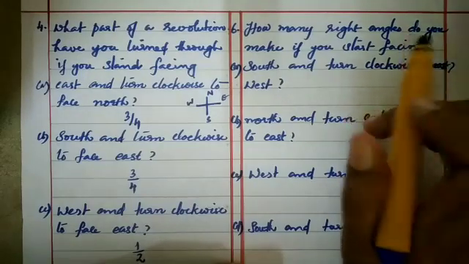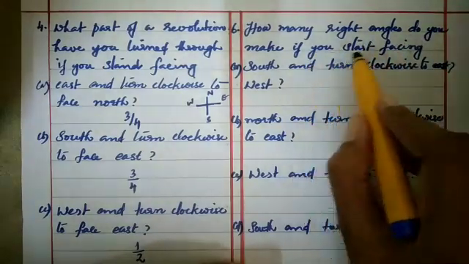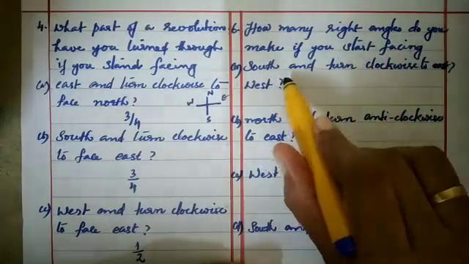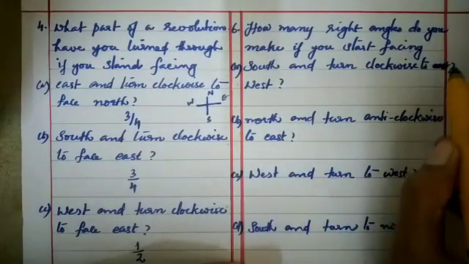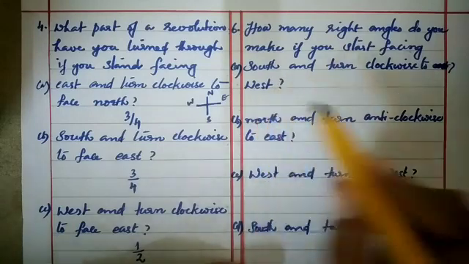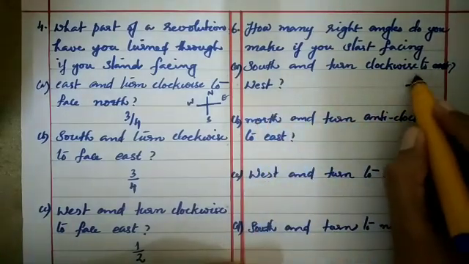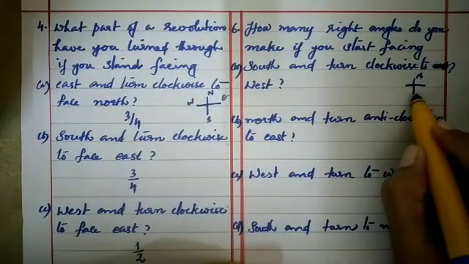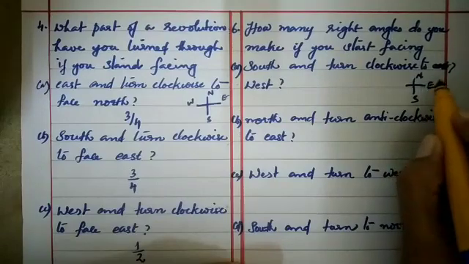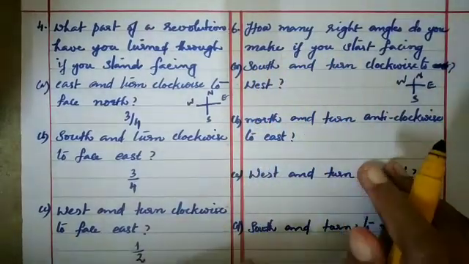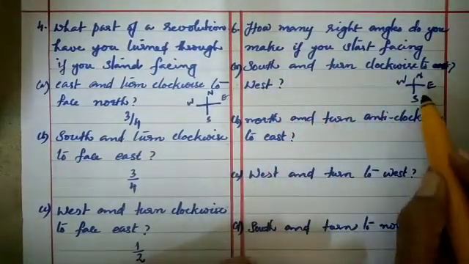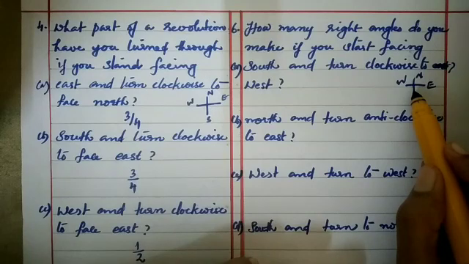How many right angles do you make if you start facing south and turn clockwise to west? Okay, south and turn clockwise to west. So here also north, south, east, west. Starting from south, turn clockwise to west.